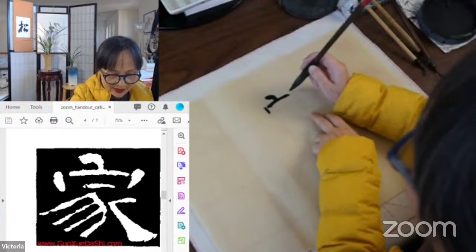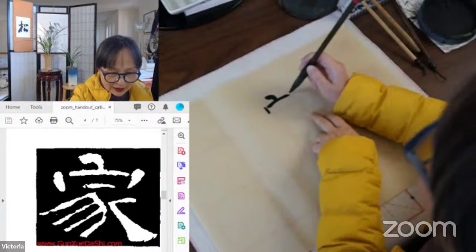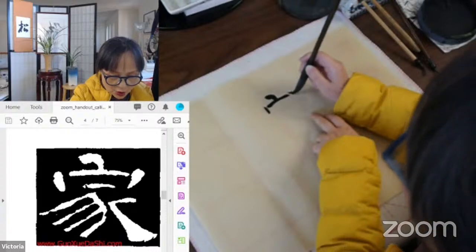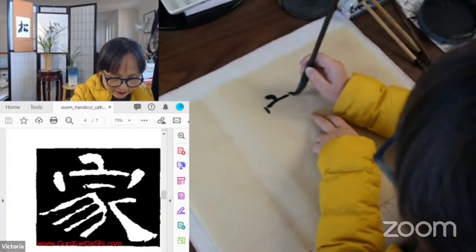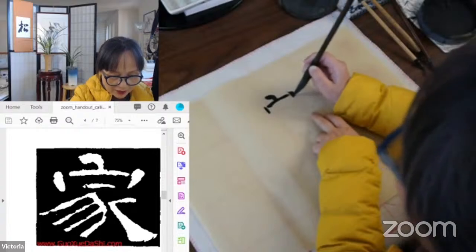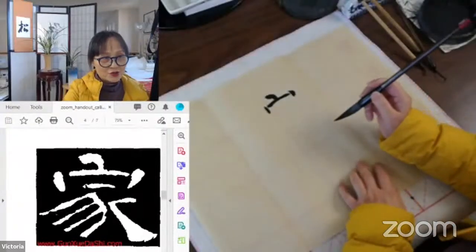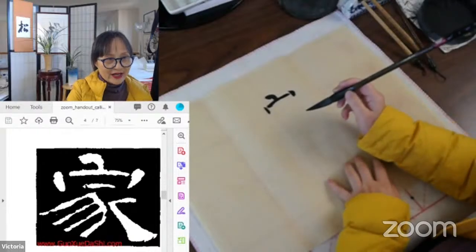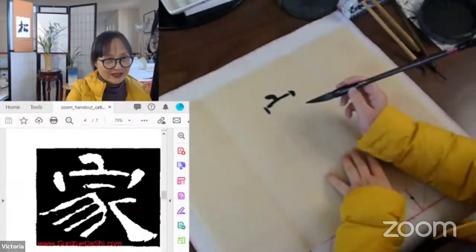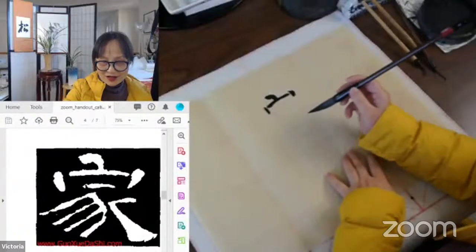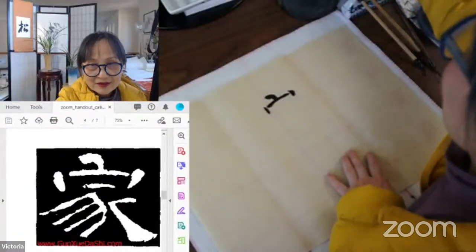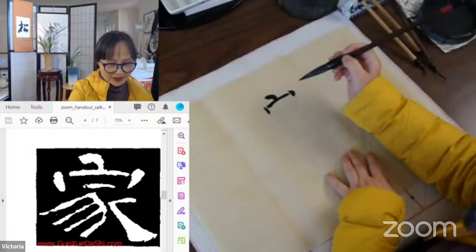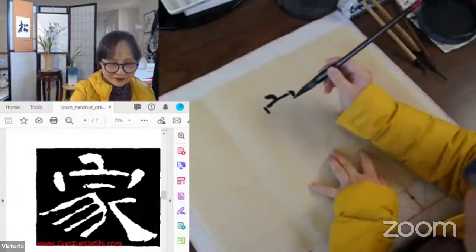And look at this little dot or little vertical thing. It's more triangle-like. Instead of a beautiful raindrop, which the soft bristle makes on paper, when you use a knife on stone, the trace should be more triangle.